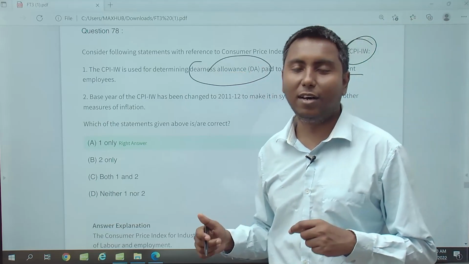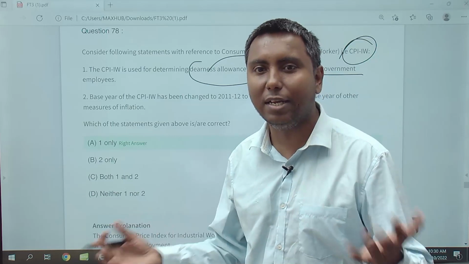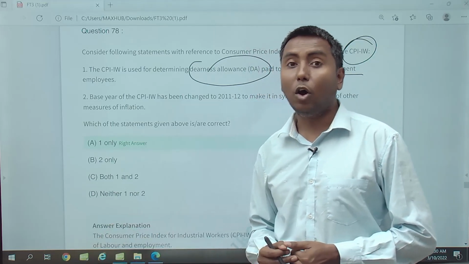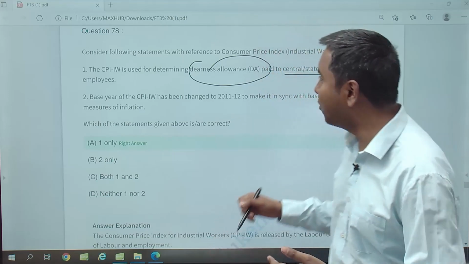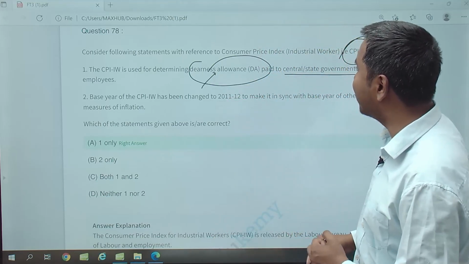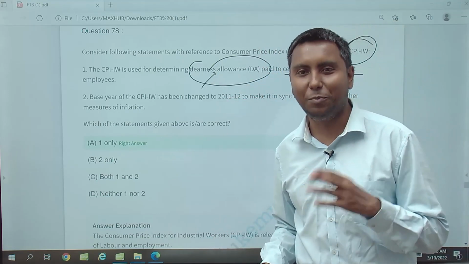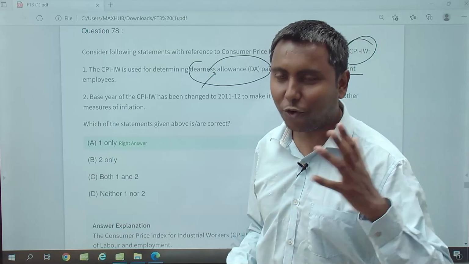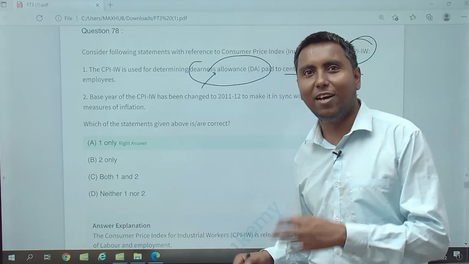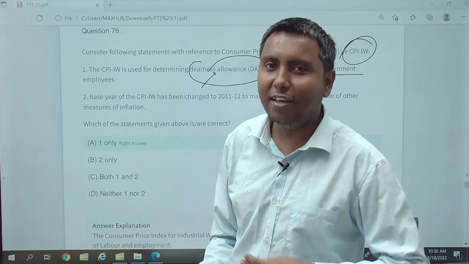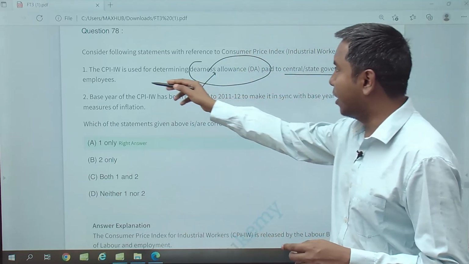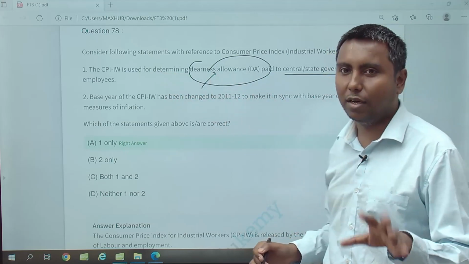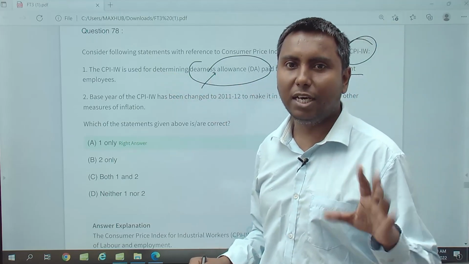For those of you whose parents work in the central government, or since all of you are aspiring for a central government job, maybe you should have known that DA is paid using CPI industrial workers. Of course, I presume that financial motive is not the only incentive to join these services, but still, CPI IW is used for determining DA.